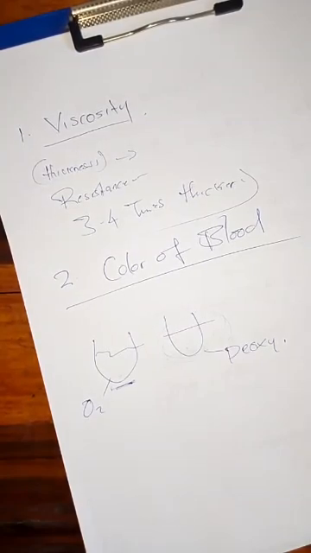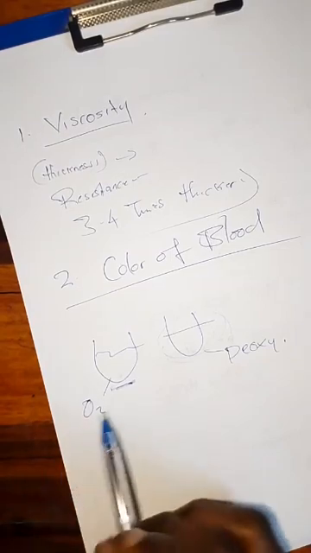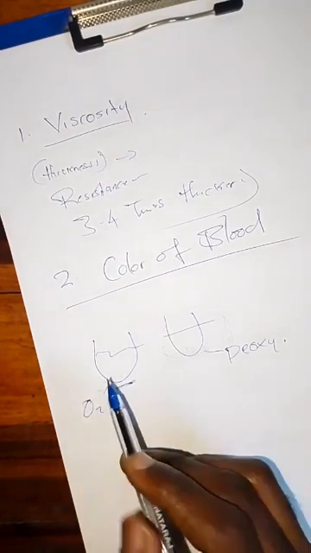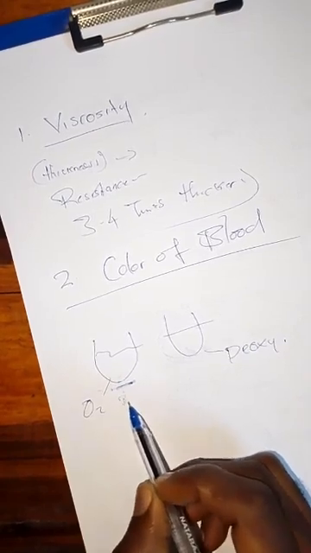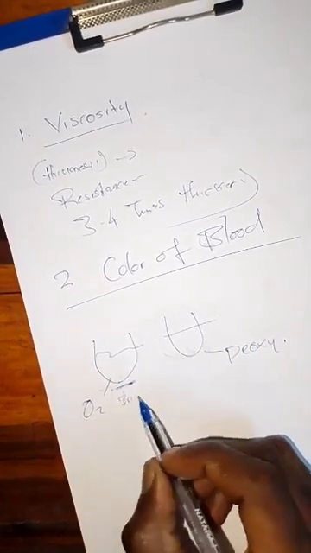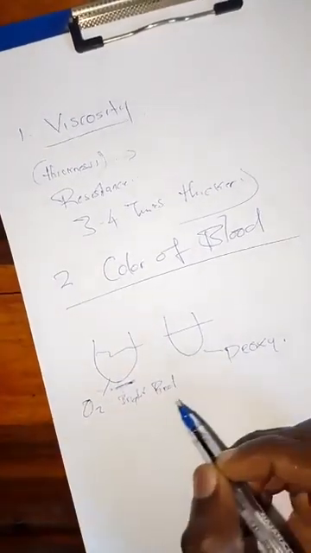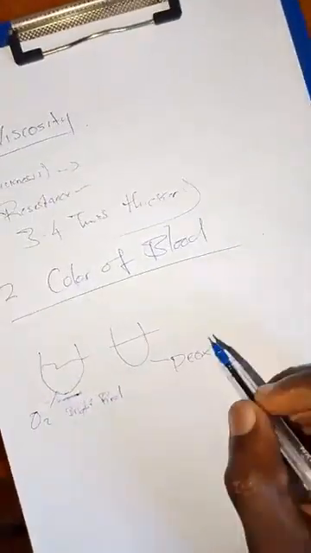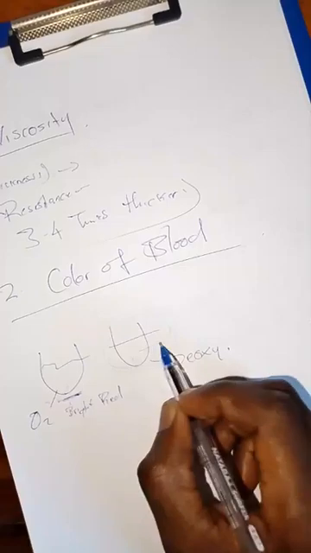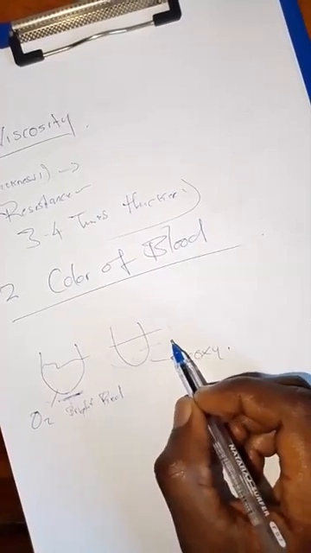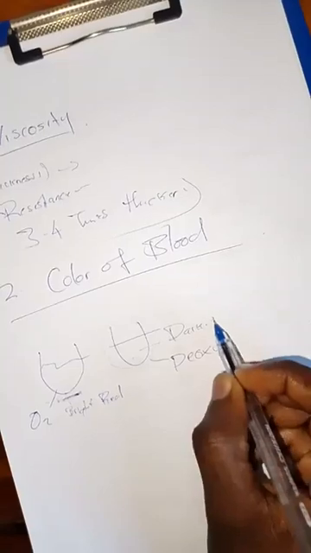Due to the fact that oxygen in the oxygenated blood is bound to hemoglobin, the blood that is oxygenated presents itself in a bright red color, while the venous blood, which is deoxygenated and has a low concentration of oxygen, presents itself in a darker red color.